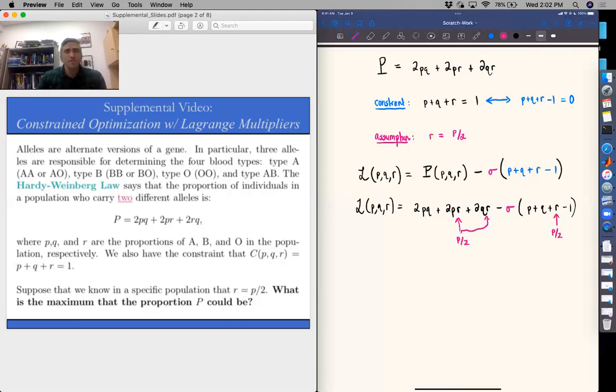Remember, this was an assumption just to turn this problem involving 3 variables into the constrained optimization problems we've done previously. So anywhere there's an r, we substitute p over 2. So our Lagrange function now becomes just a function of the variables p and q. So again, just substituting p over 2 anywhere there's an r. And we'll simplify this momentarily.